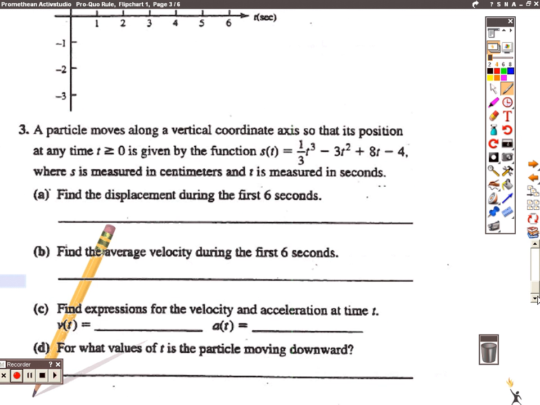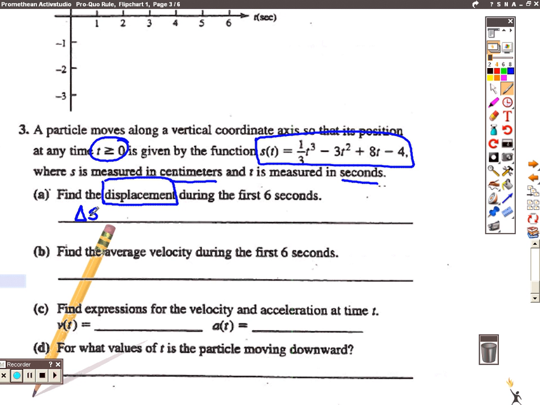Problem number 3, a particle moves along a vertical coordinate axis. So the particle basically is going up and down a vertical line. It starts with time 0, and they give us a position function. S is measured in centimeters and time is measured in seconds. Find the displacement. Now remember, displacement is change in position.